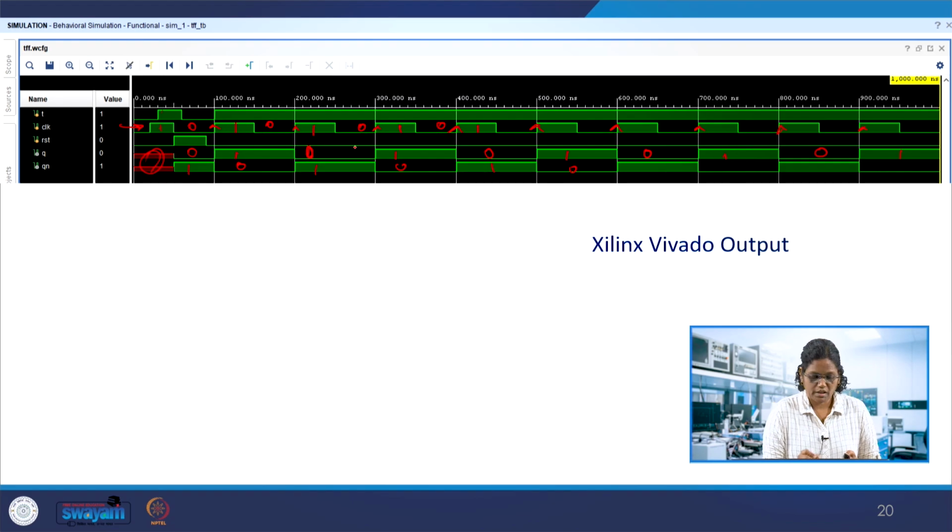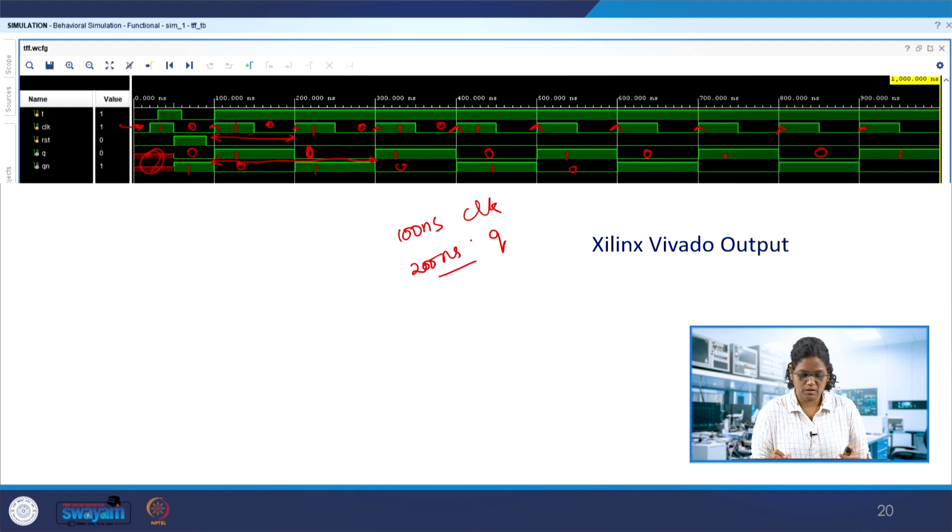This T flip-flop can also be used for, suppose this is a 100 nanosecond clock period, 50 and 50, and you can see the total time period of the Q is 200 nanoseconds. So with a 100 nanosecond clock, Q has a time period of 200 nanoseconds.